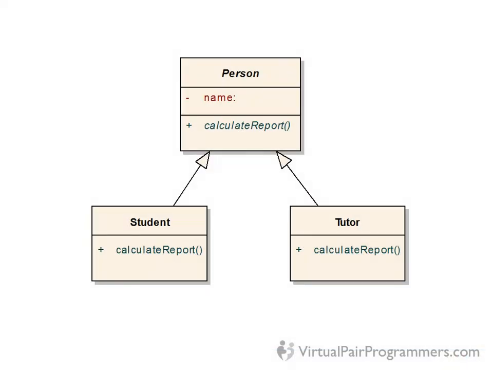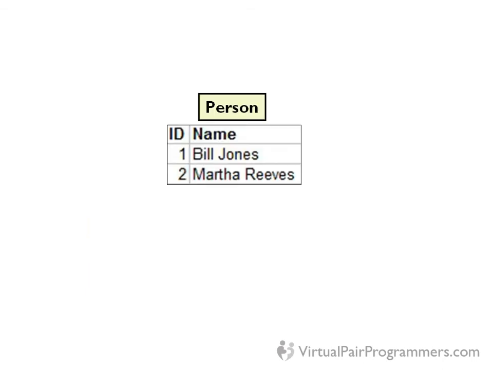And then there's inheritance. Of course, inheritance is a central concept in object orientation, but there's no analogy to that in a relational database. How am I going to map that to a database? It can be done, but it's not natural.